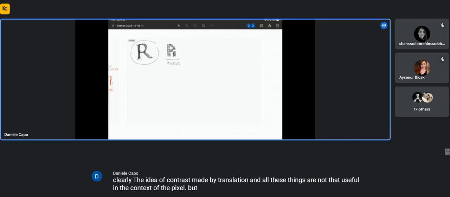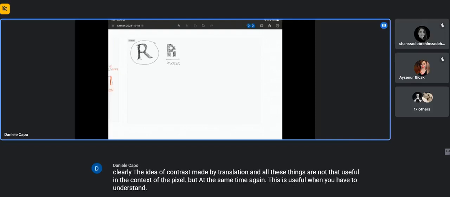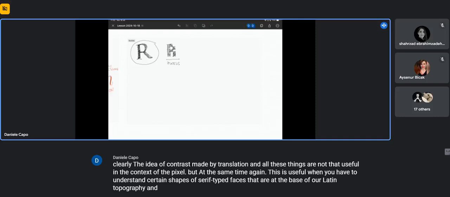But at the same time, again, this is useful when you have to understand certain shapes of serif typefaces that are at the base of our Latin typography and are very used today. But the process of drawing does not stop here.